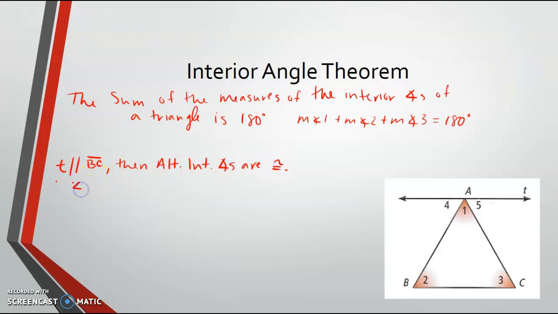That means that angle 4, or the measure of angle 4, is equal to the measure of angle 2. Here's 4, so alternate interior, parallel, parallel, alternate inside would be there.